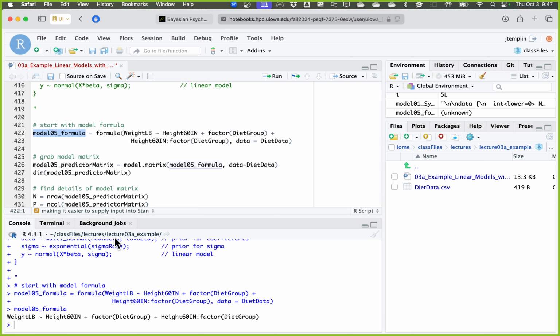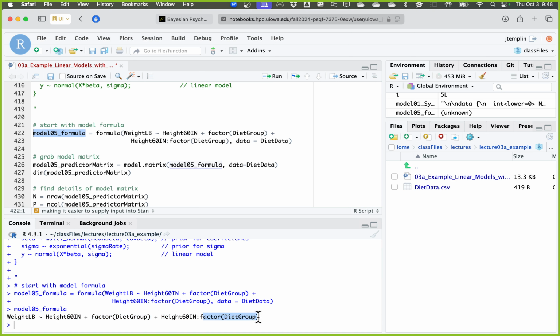It's a very primitive or basic object. But because R is in the business of statistics, it tends to make objects out of things like formulas. Here we have weight in pounds being predicted by height in inches, a factor variable for diet group, and then the interaction between height in inches and the factor variable.